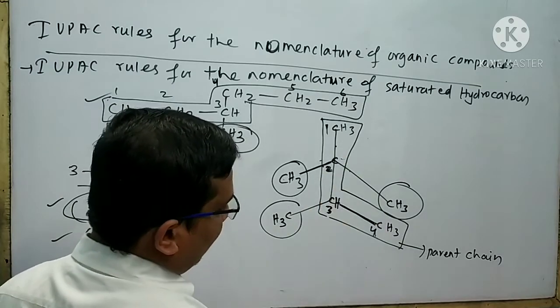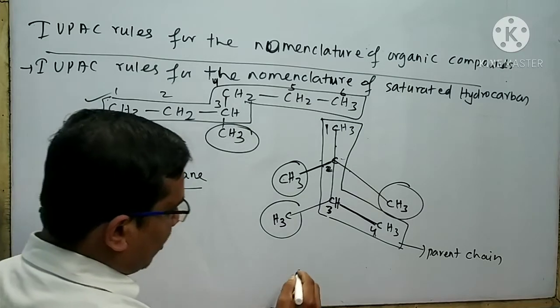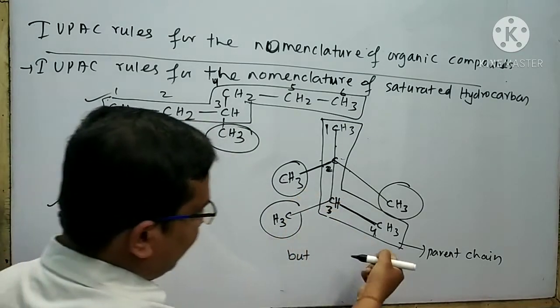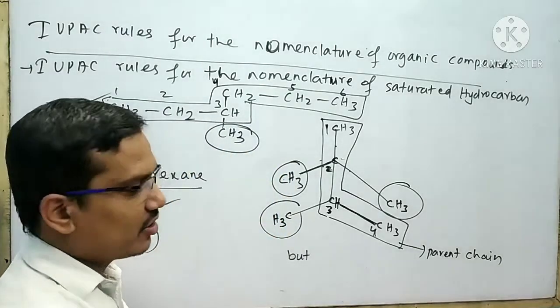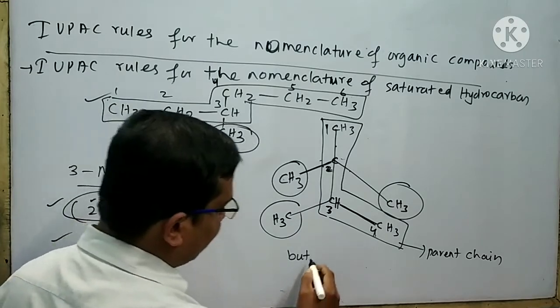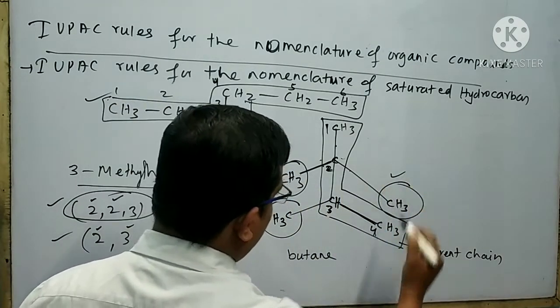Look at that, in the parent chain 4 carbon atoms are present, so what is the word root? But. All the carbon atoms present in the parent chain are linked with each other through single covalent bonds, so it is bound to write ane. There are 3 side chains present.